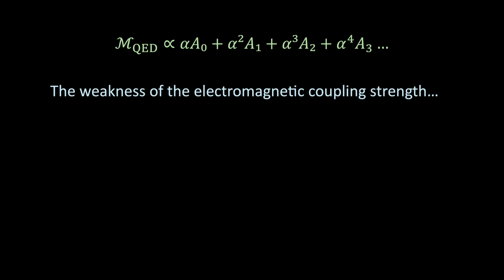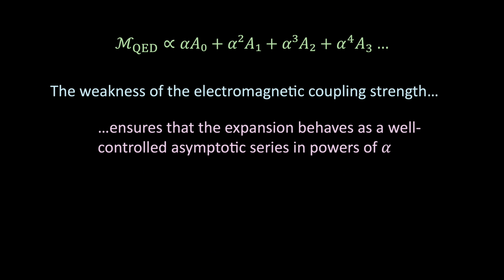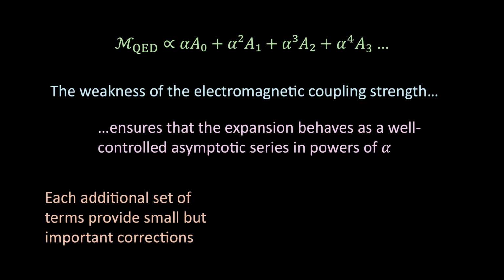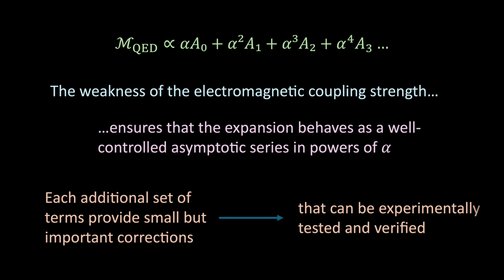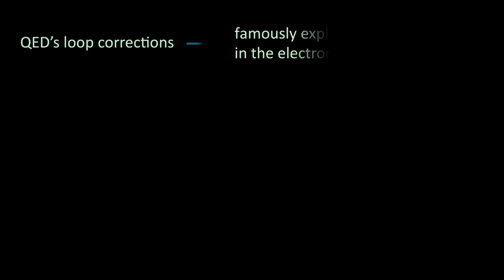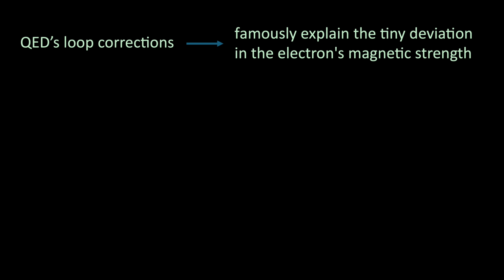The weakness of the electromagnetic coupling strength ensures that the expansion behaves as a well-controlled asymptotic series in powers of alpha, where each additional set of terms provides small but important corrections that can be experimentally tested and verified.